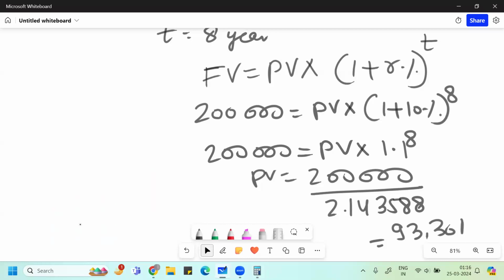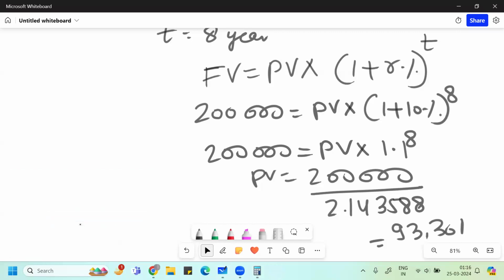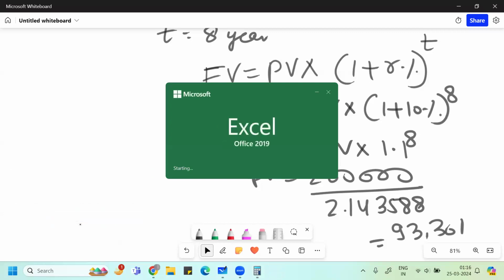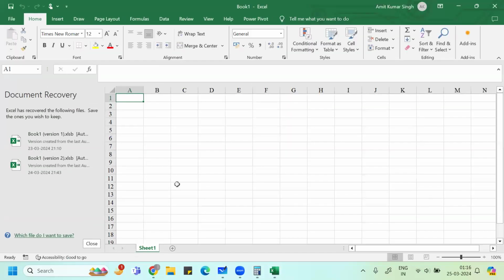Simple thing. The same thing, if you want to do it in Excel: they're asking you the present value of money. The future value of money is given to you as 2 lakh rupees, the rate of interest is 10%, and the time is 8 years.